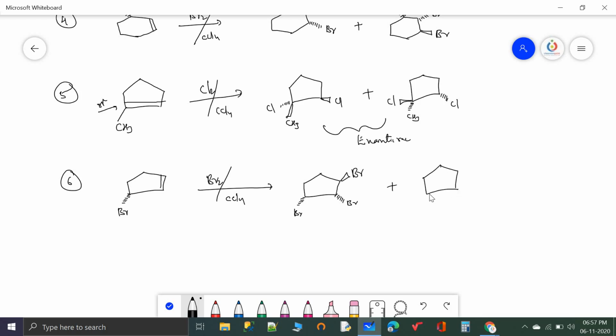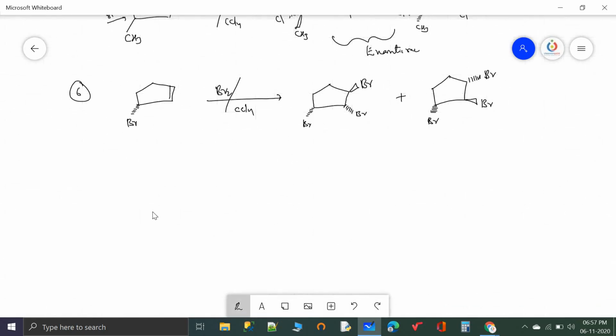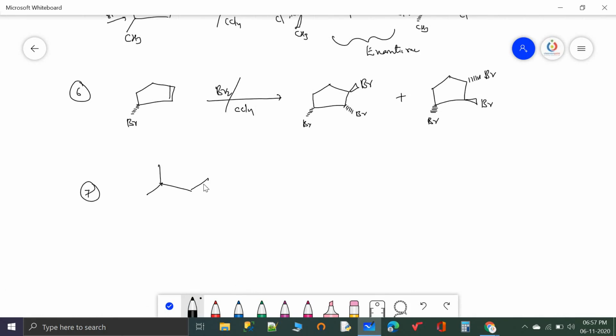In the second example, the basic molecule is like this. So here there is a chance that this bromine may come up and this bromine may go down, meaning it may be below the plane of the ring. I'll take one more example here. Br2, CCl4.